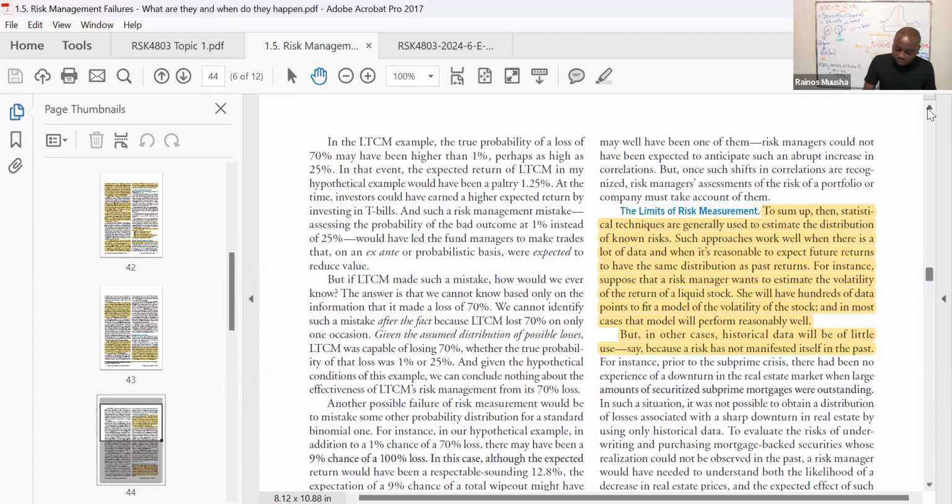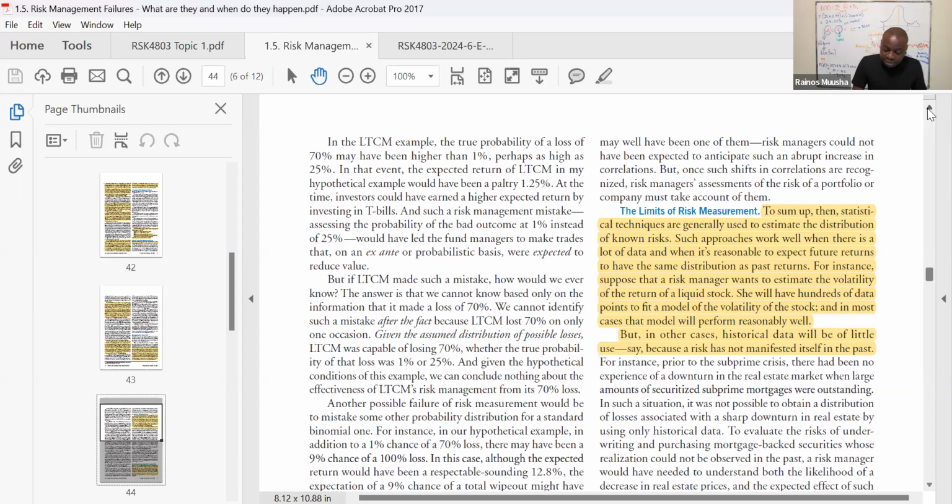And then they say to sum up, then statistical techniques are generally used to estimate the distribution of known risks. Such approaches work well when there is a lot of data and when it's reasonable to expect future returns to have the same distribution as past returns.